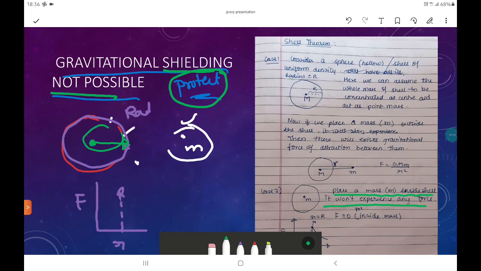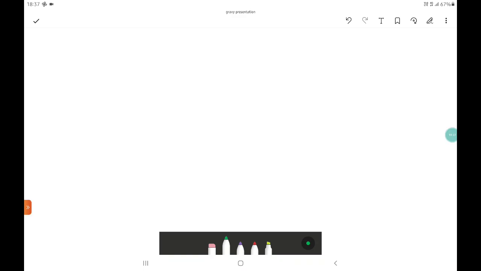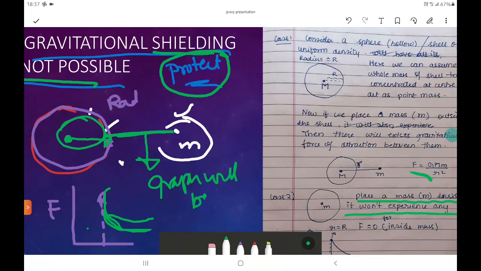In this region there is no force, so you don't need to draw any graph in this area. Only the outside area will have a graph, and that will be a hyperbola, since F is inversely proportional to r square. So in this area only the graph will be plotted.